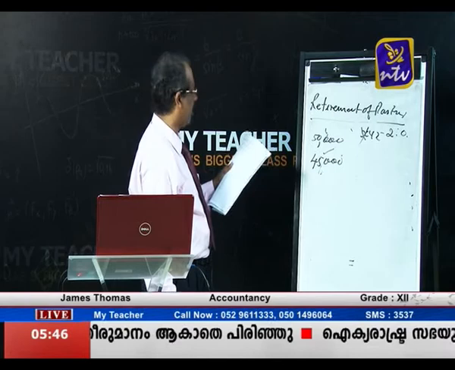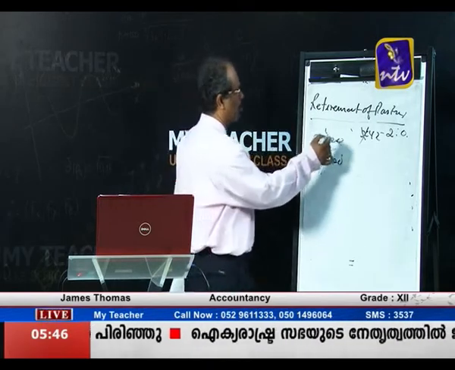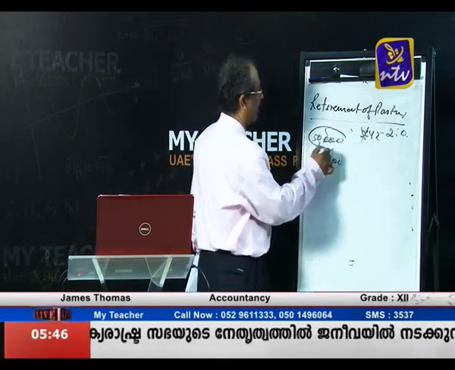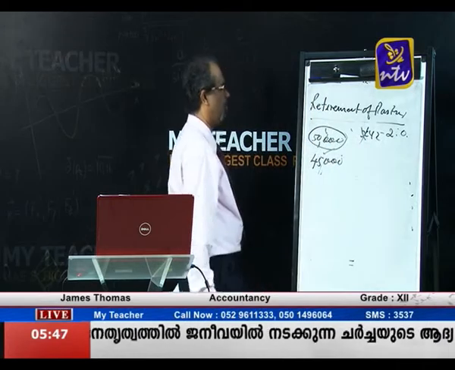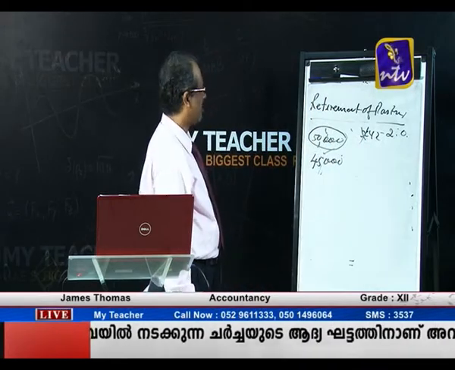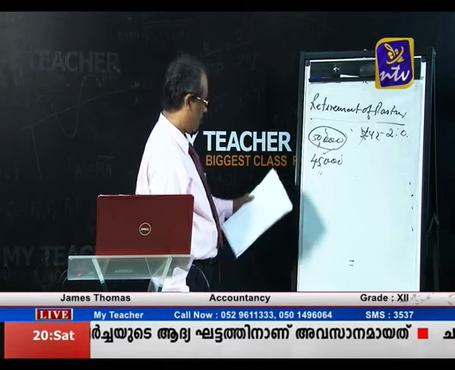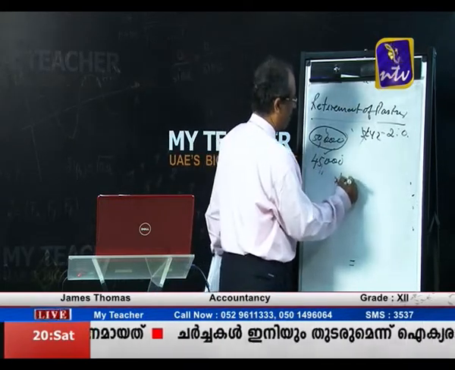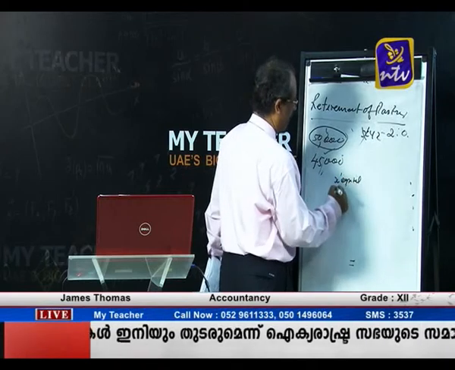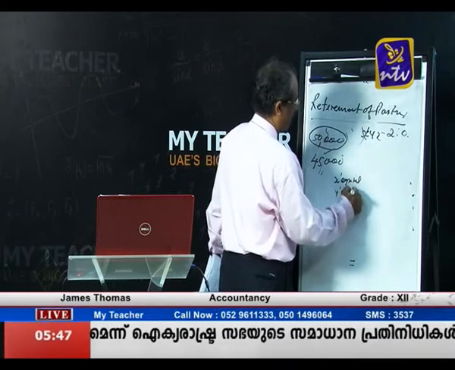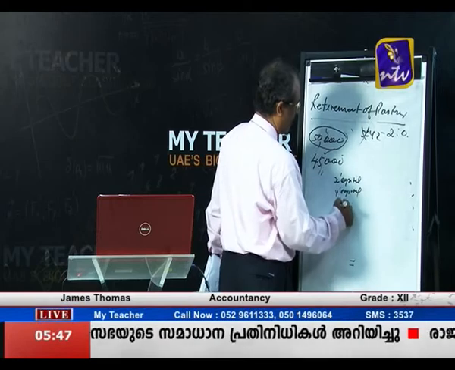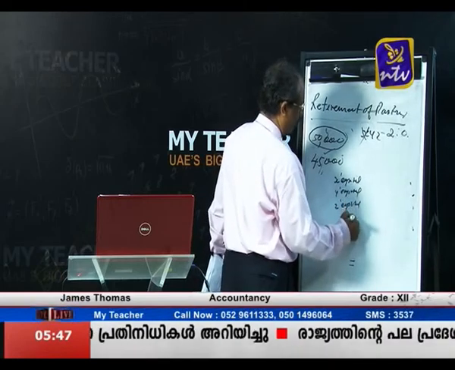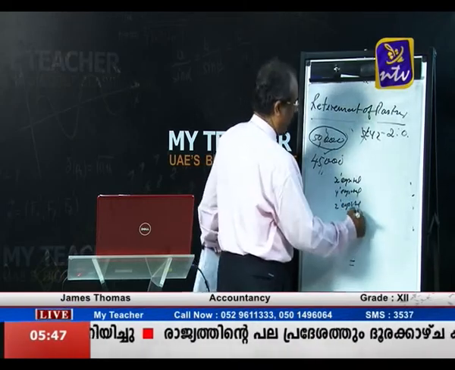So the first journal entry is, this existing goodwill should be written off according to the old ratio. Our journal entry is X's capital account debit, Y's capital account debit, and Z's capital account debit, to goodwill account.